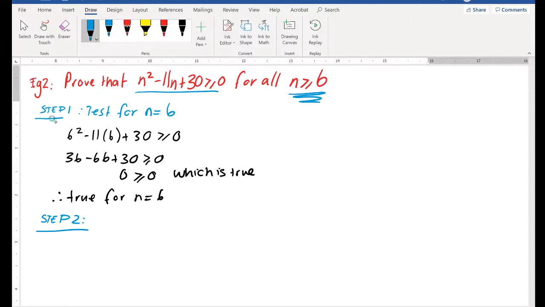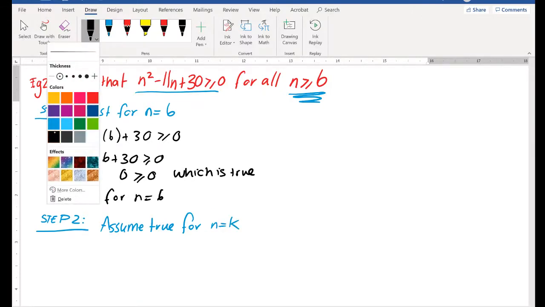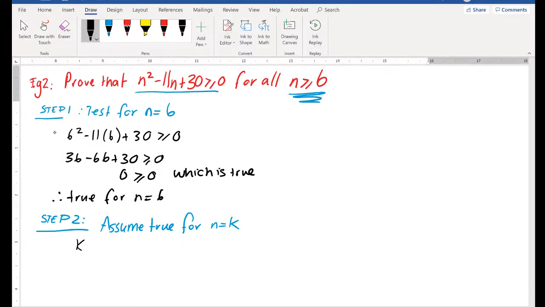Step 2, we assume true for k. N equals k. So rewrite the question with k involved. K squared minus 11k plus 30 is greater than or equal to 0.